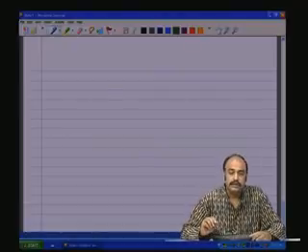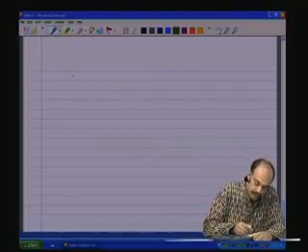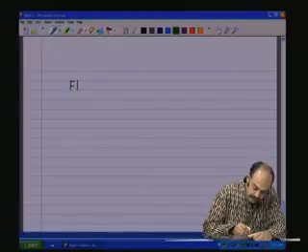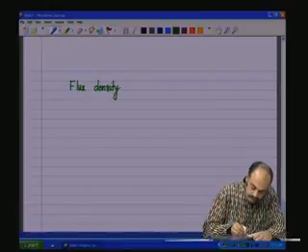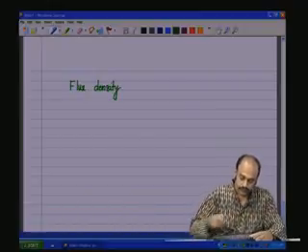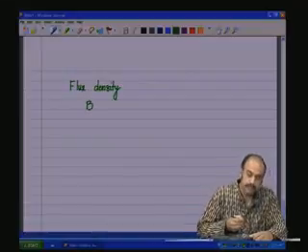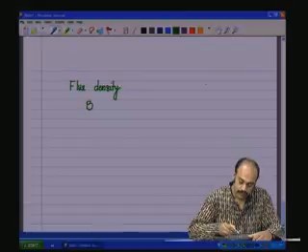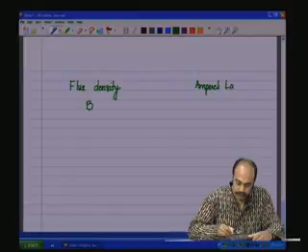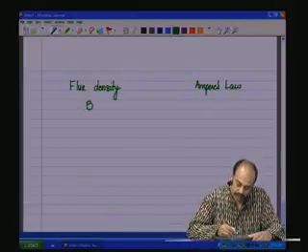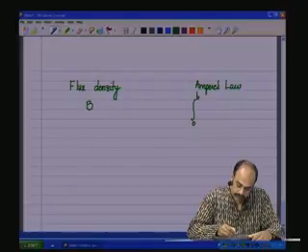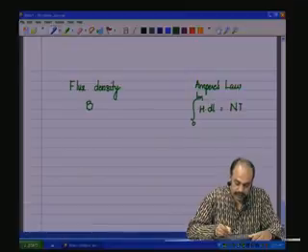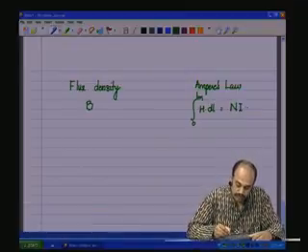There is one more term that you need to be familiar with, which is the flux density, and that has the symbol B. So from Ampere's law, we saw that the integral from 0 to Lm of H dot dl is equal to Ni, which is the MMF, the magnetomotive force.